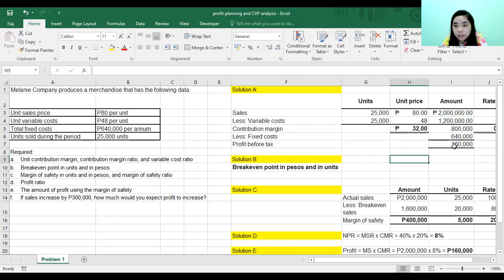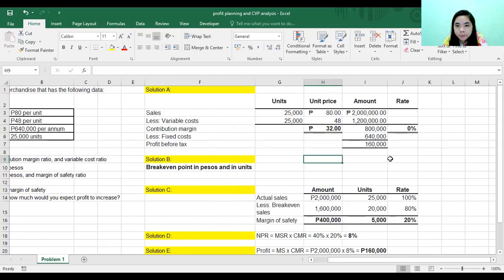So to get your contribution margin, just follow here, class. You simply subtract your variable cost from sales. So you will get 800,000 contribution margin, less your fixed cost of 640,000. So you will get your profit at 160,000. So how to get the rate? Sales is 100%. We assume that sales is equal to 100%.